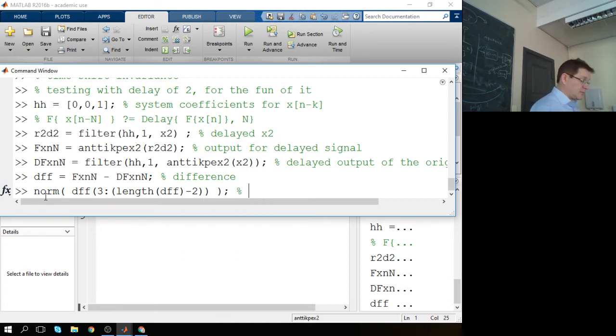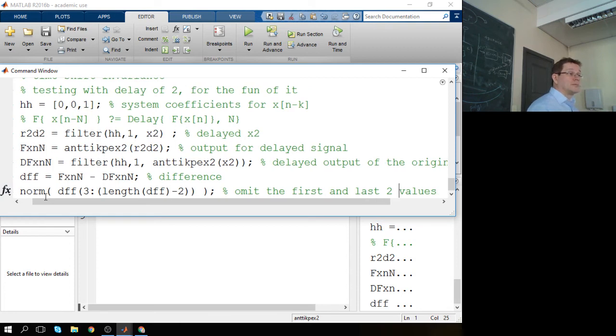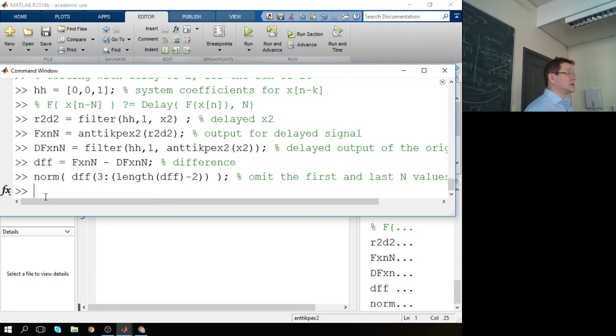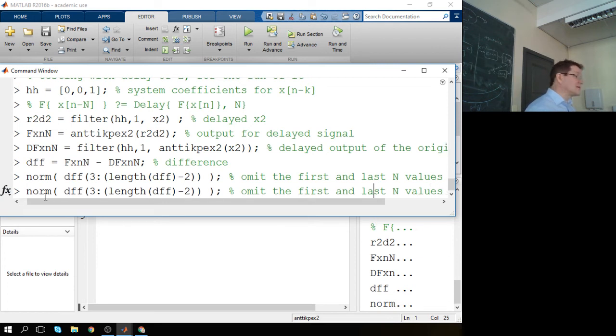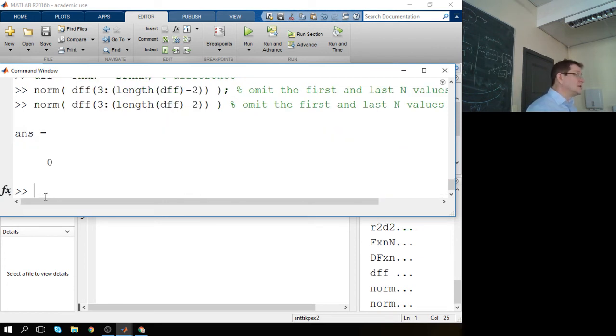Okay, so basically what I'm doing, I omit the first and last two values, or whatever your n is, you omit those. And again, I calculated the norm and didn't show it. Okay. And oh boy, this is also a time shift invariant system. Good.